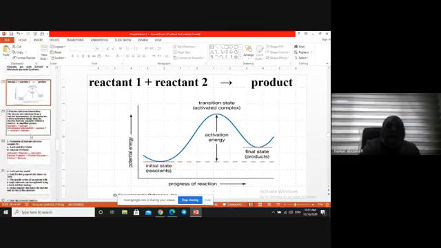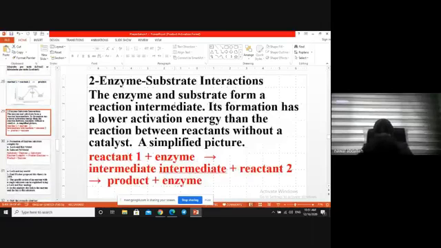The second type of the mechanism, or second step of the mechanism, is enzyme substrate intermediate. We said that the mechanism of action of the enzyme can be done, number one, by decreasing the activation energy, number two, enzyme substrate interactions.